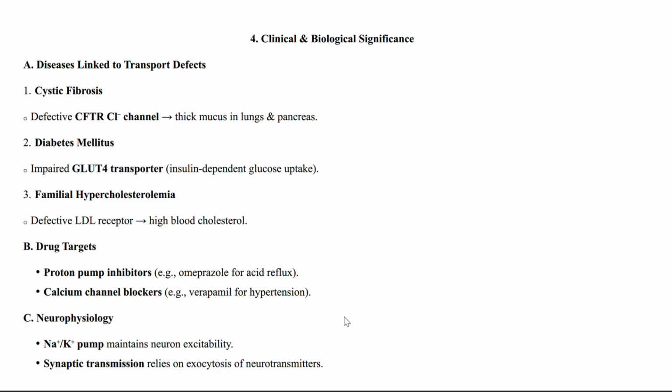In the nervous system, these transport systems play an even more fundamental role. The sodium potassium pump is absolutely essential for maintaining the electrical gradient across the neuronal membrane, a requirement for generating action potentials. Without this constant energy driving pumping of sodium out and potassium in, neurons would lose their excitability.